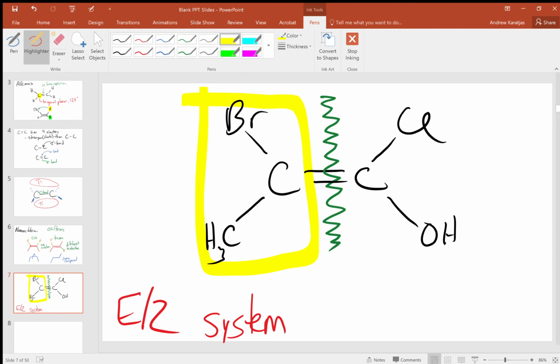So what we have to determine right now is, of those two groups, which one is higher priority? And how do we do that? Well, if you recall from our stereochemistry section, we said that priority is determined on the basis of highest atomic number. So bromine is higher atomic number than carbon. So the bromine on this side would be first priority, and the methyl would be second priority.